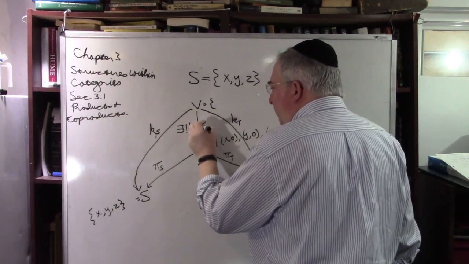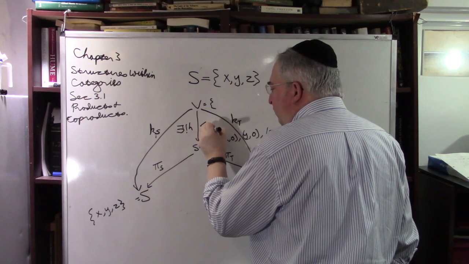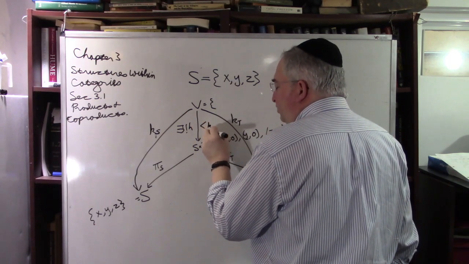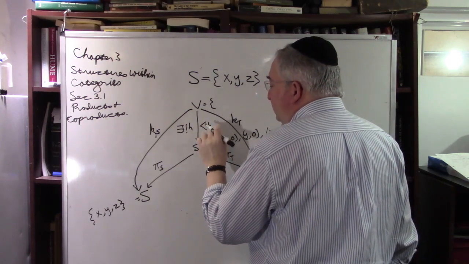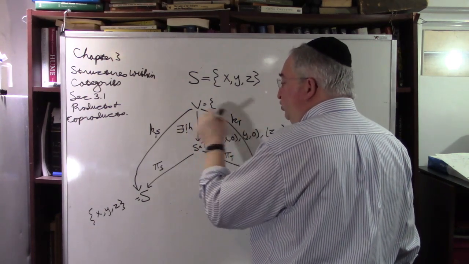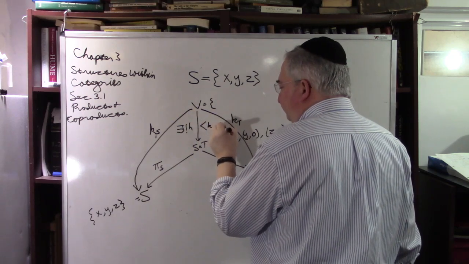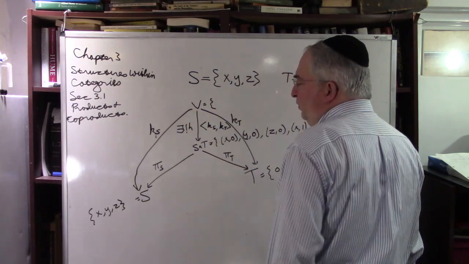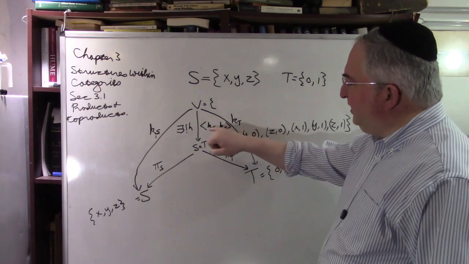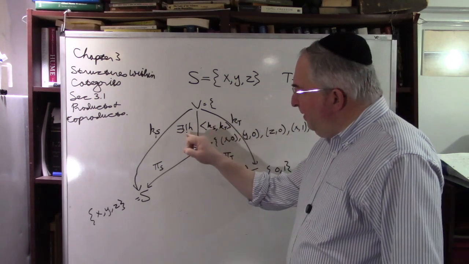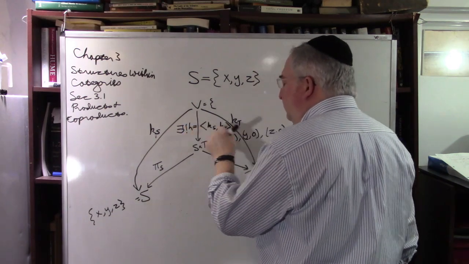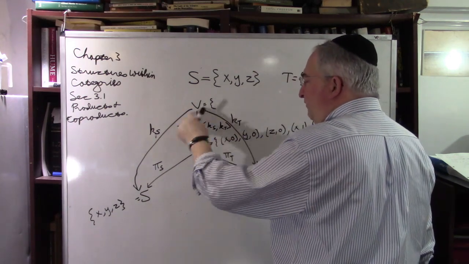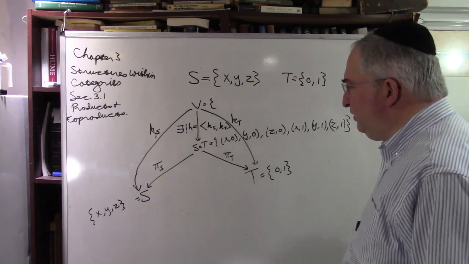Another way to do it is that this H is gotten from these 2 functions. We write it like that, brackets, ks, kt. So this map H depends on both k of s and k of t, both of these functions.